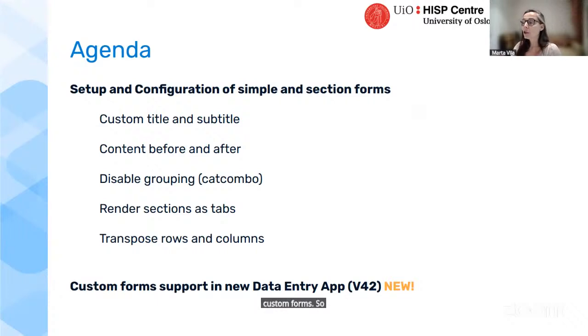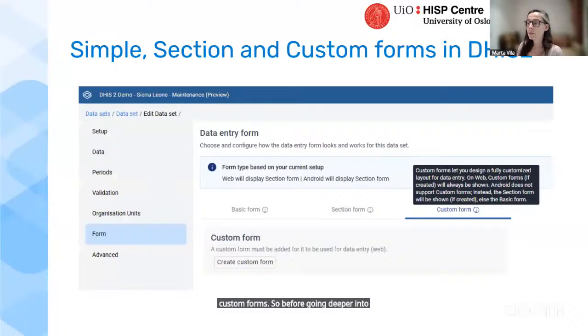So before going deeper into each one of the config options, I want to make sure we are all together in the understanding of what I mean when I say simple forms, section forms, and custom forms. These are the 3 forms that you have in the HIS2 for data sets.